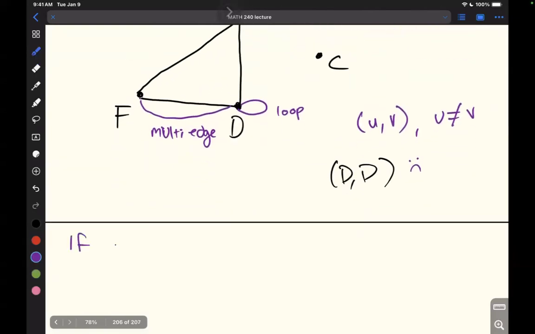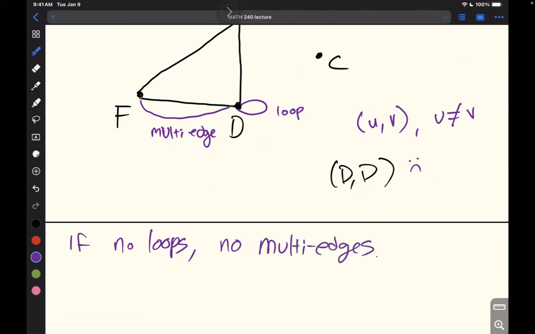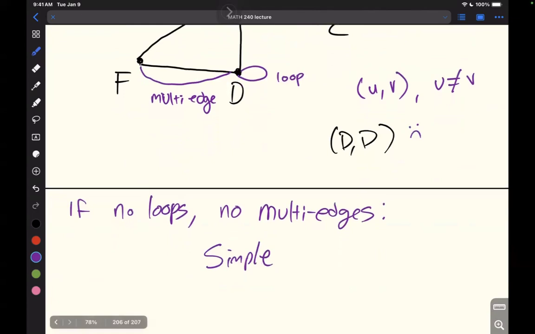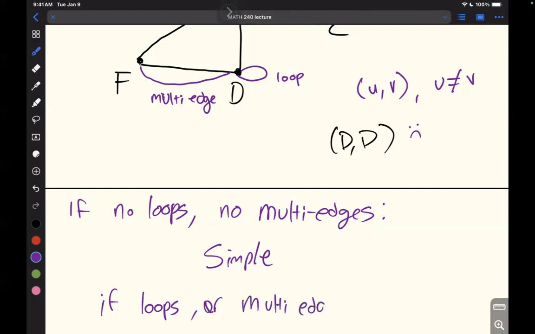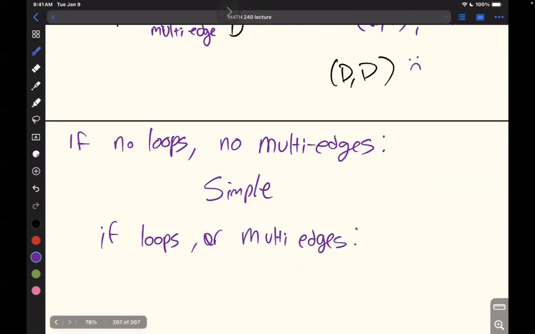So if we don't allow loops and we don't allow multi-edges, we say the graph is simple. If the graph has loops or has multi-edges, we say it is not simple, or we call it a multi-graph.